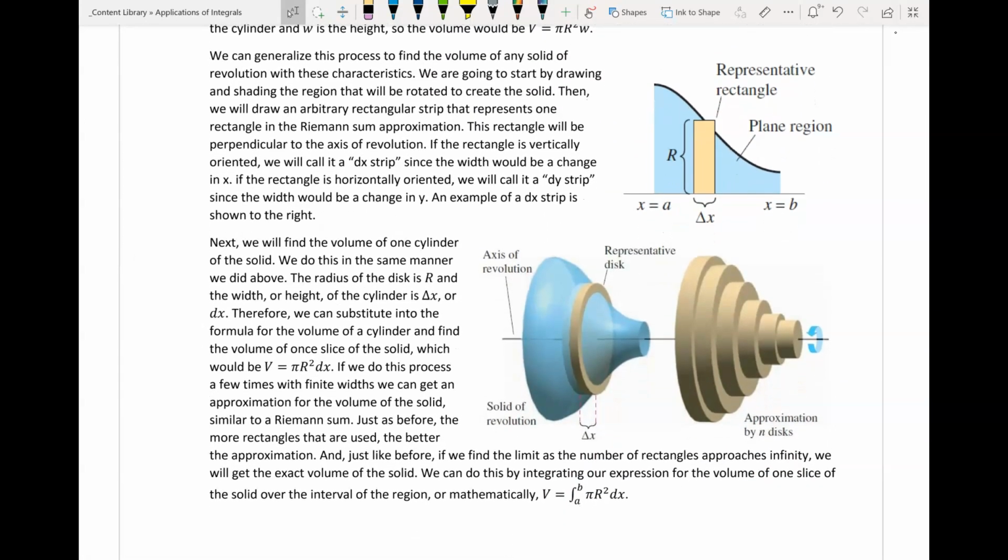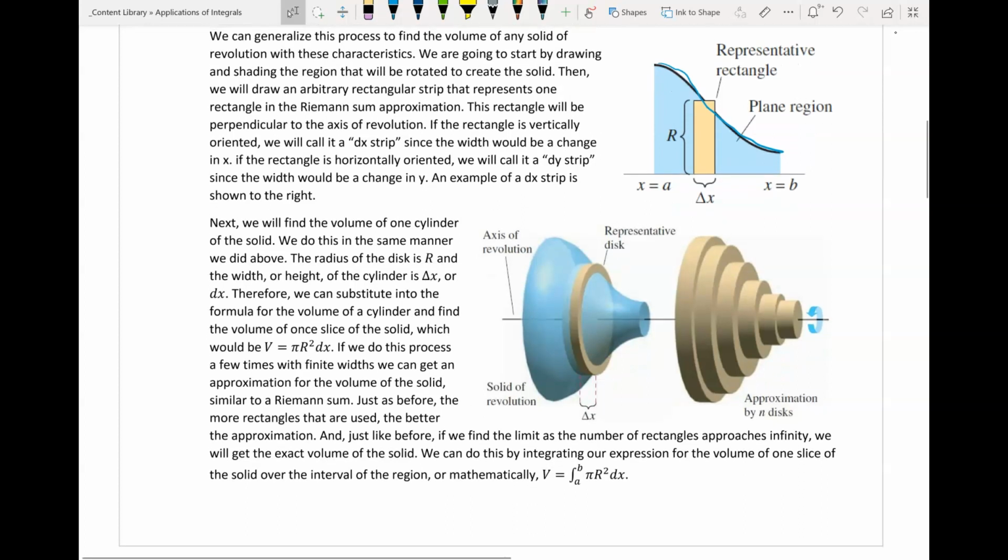Here's another picture you can take a look at. Let's say that we're given this curve. A representative rectangle is given with some delta x. We're also bounded between a and b. Now, if we think about revolving this around the axis of revolution, in this case the x-axis, this is what we get.